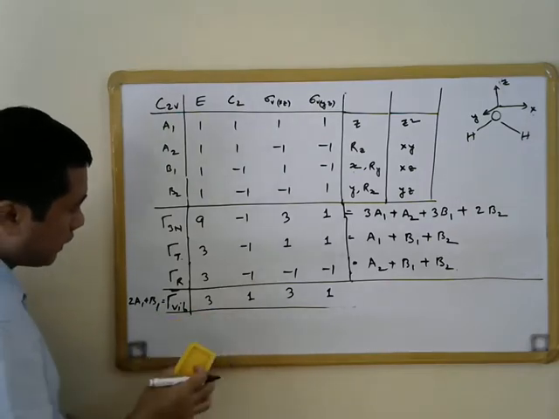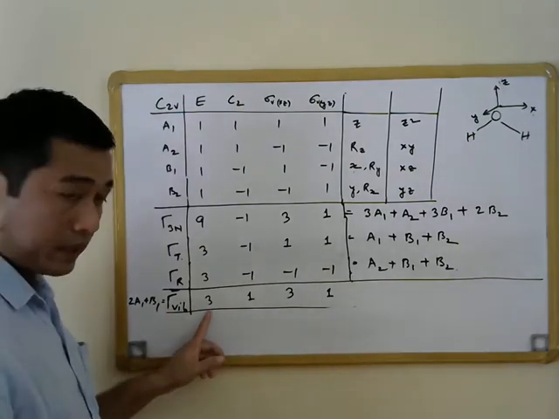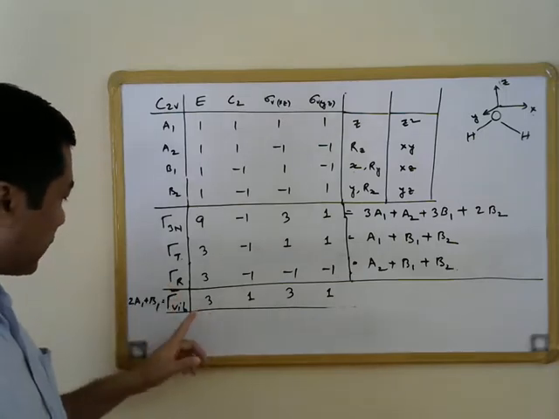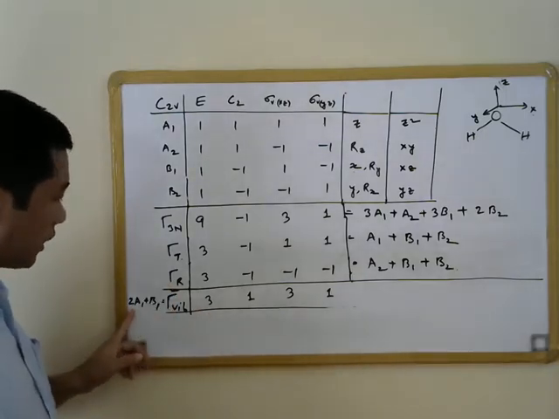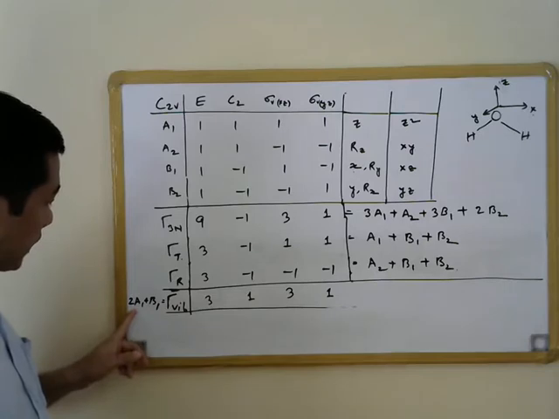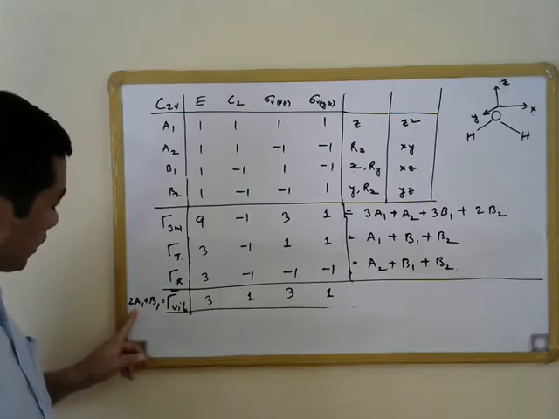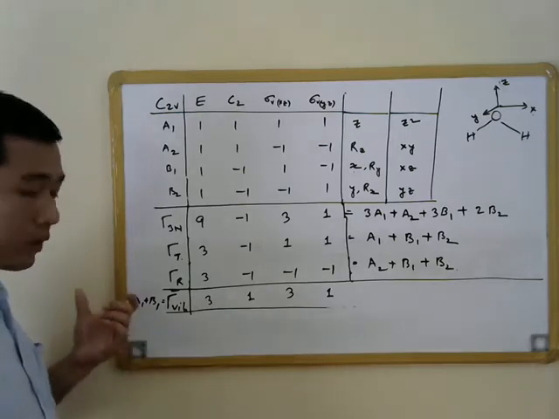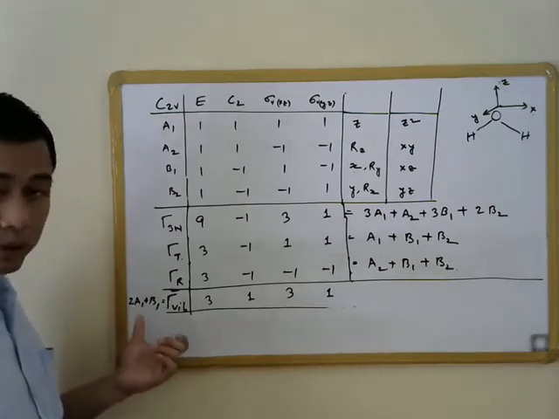Now, because gamma vibrational is a 3-dimensional reducible representation, and we have found that there are 2 A1 modes while there is 1 B1 mode, we have already found the symmetry of all the 3 vibrational modes.